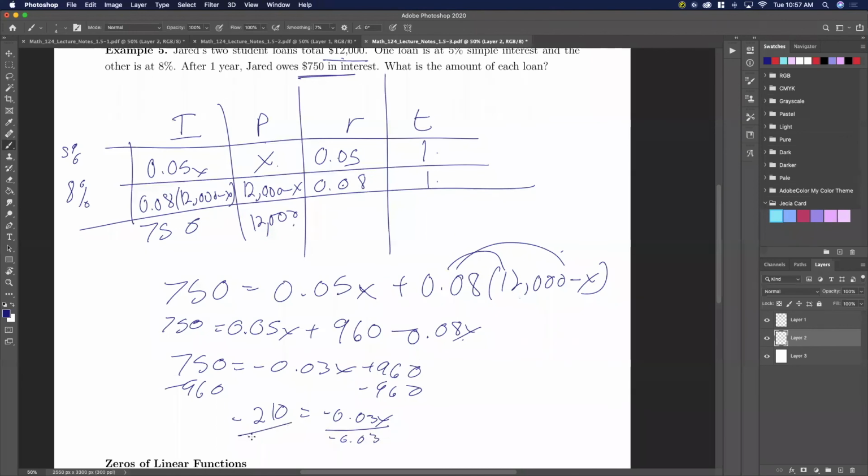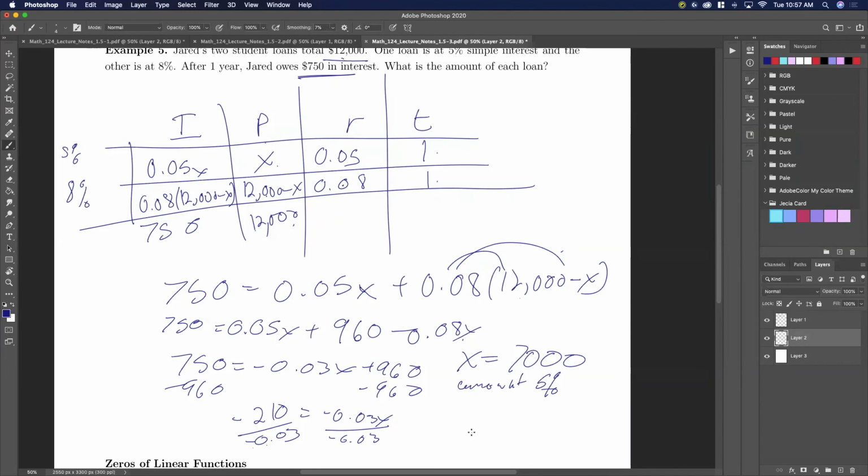You're going to chunk this through a calculator. You're not going to do this by hand. You can, but you'll use the calculator, and you get x is equal to negative 210 divided by negative 0.03. That'll give you 7,000. So x is 7,000, and that's the amount in the 5% account.